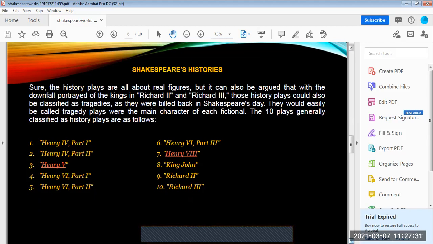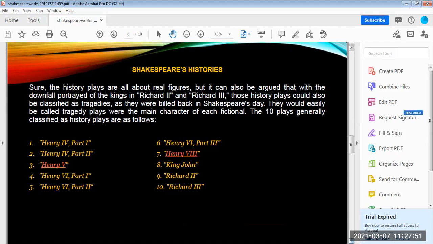Now, Shakespeare's histories. Sure, the history plays are all about real figures, but it can also be argued that with the downfall of the kings portrayed, Richard II and Richard III, those history plays could also be classified as tragedies.